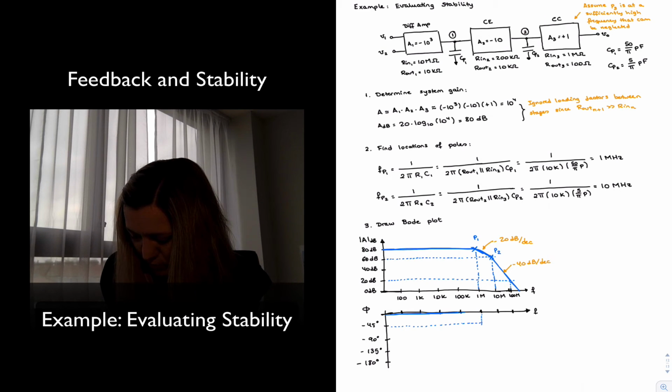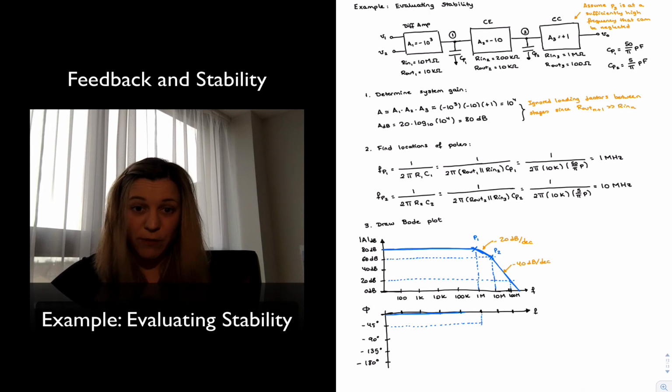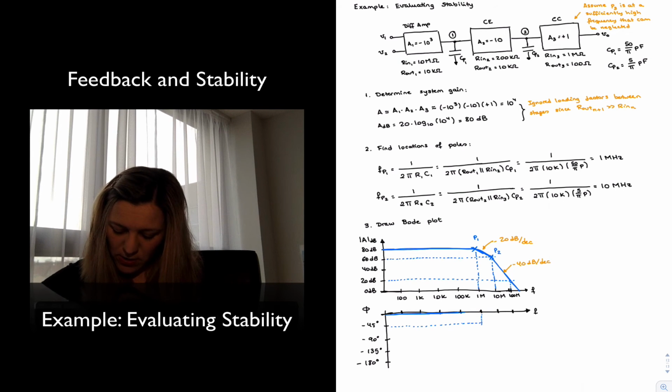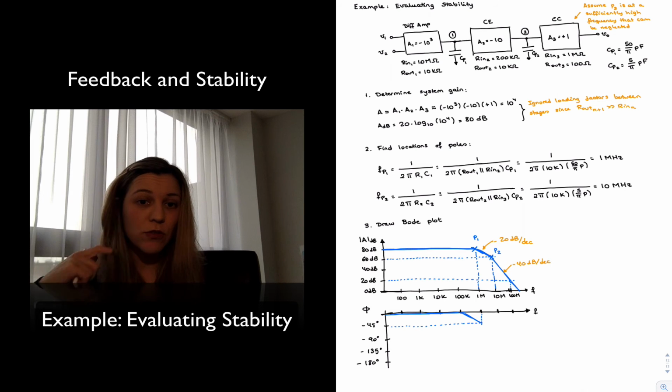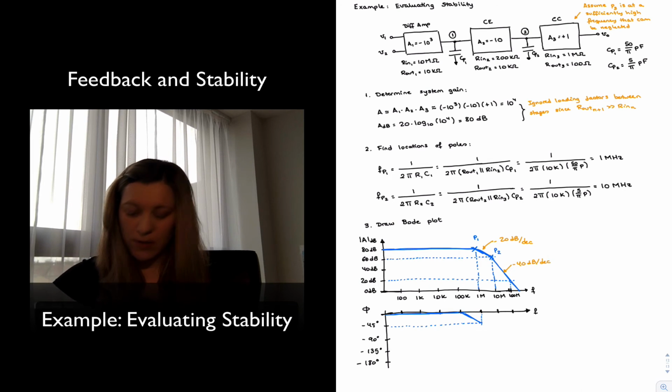It's going to be approximately steady until I reach 1/10 of my first pole, which will be 100K, and then it's going to start decreasing at the rate of negative 45 degrees per decade until I reach the location of P1, and then it will continue to decrease at the rate of negative 45 degrees per decade until 10 times that frequency, and then flatten out at negative 90 degrees.